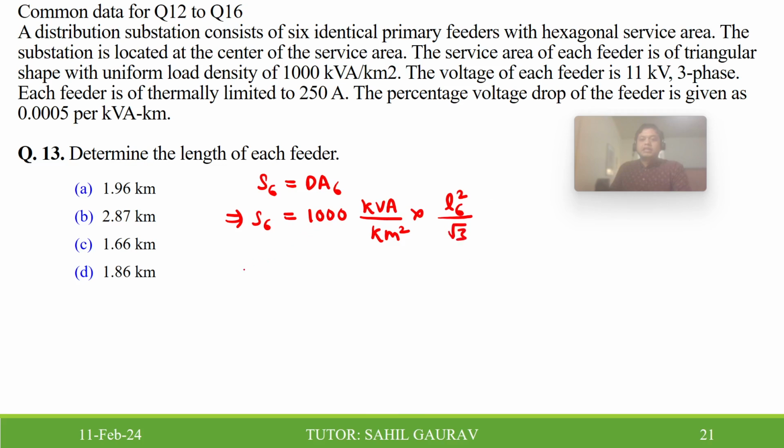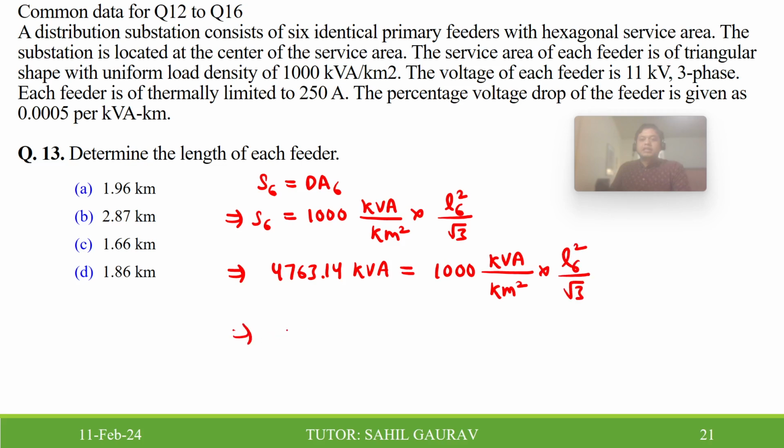And we know that S6 is given as 4763.14 kVA. So 1000 kVA per kilometer square into L6 square divided by root 3.